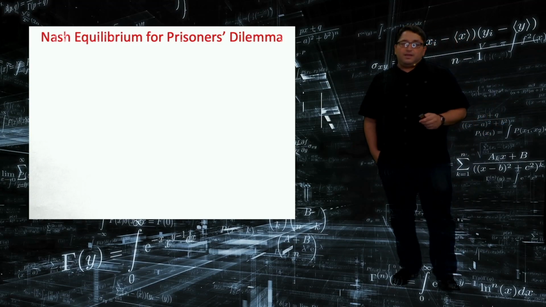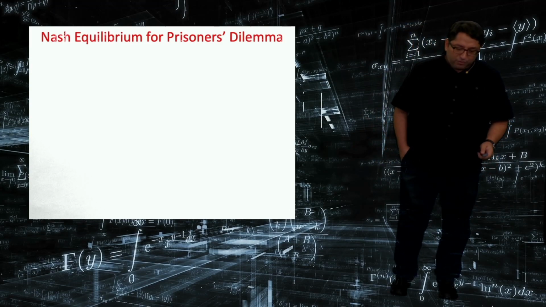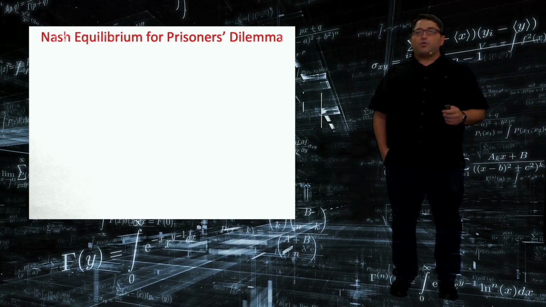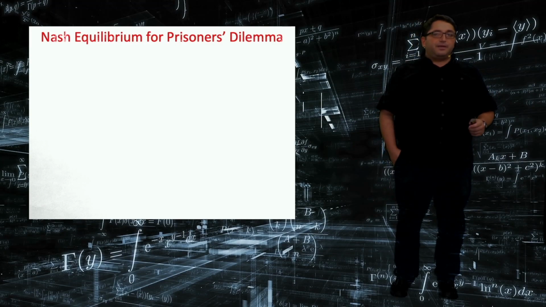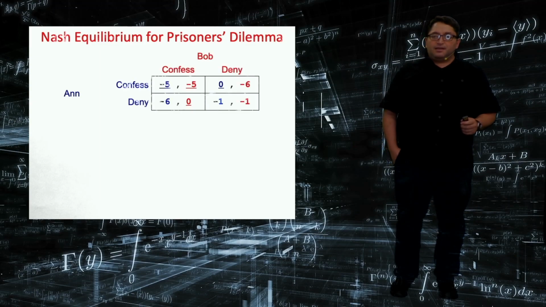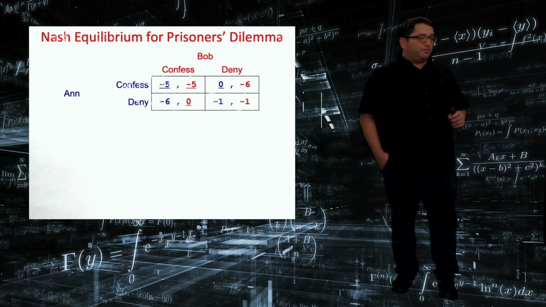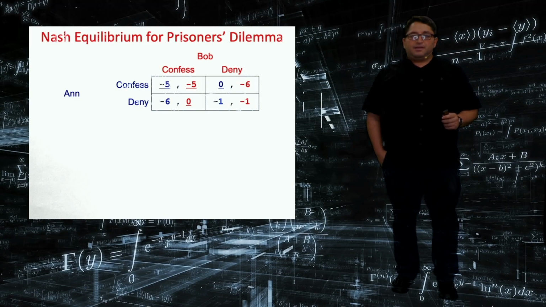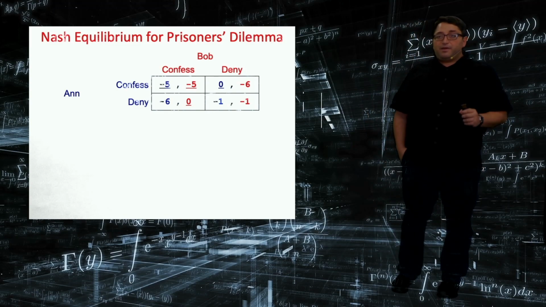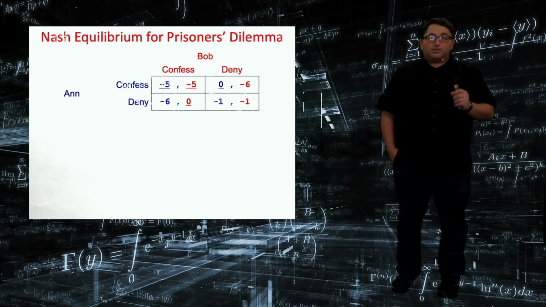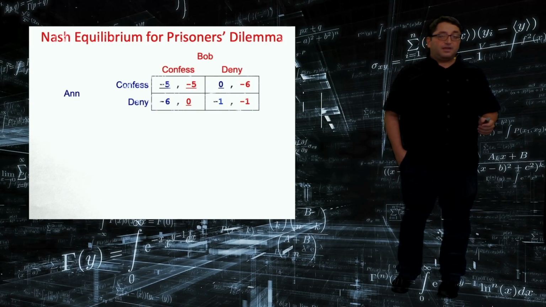In order to illustrate Nash equilibrium, I would like to start with the game that we solved earlier via dominant strategy equilibrium, that is the prisoner's dilemma. So let's find the Nash equilibrium of the prisoner's dilemma again. The idea is to find the best responses, and the Nash equilibrium outcome is the outcome where each player is playing best responses, so the best responses coincide.